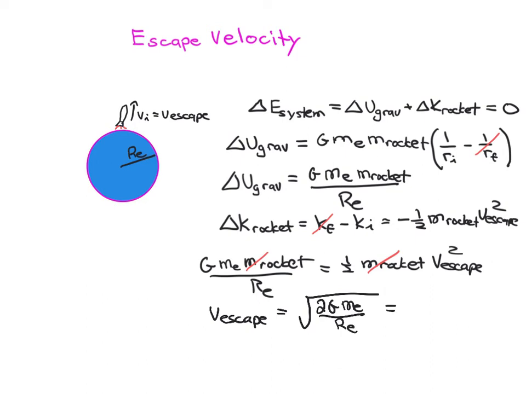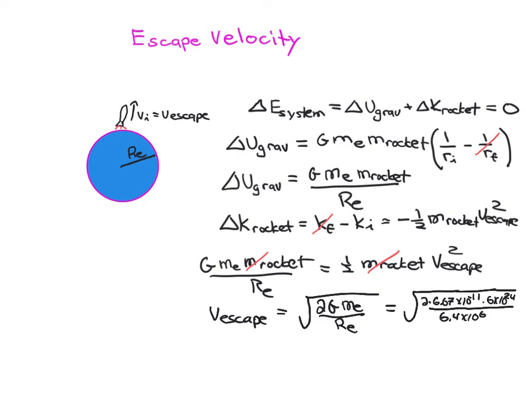So that's equal to the square root. I'm going to leave out the units. Everything is in SI units. It's 2 times 6.67 times 10 to the minus 11 times the mass of the Earth, which is 6 times 10 to the 24, divided by the radius of the Earth, which is 6.4 times 10 to the 6th meters.